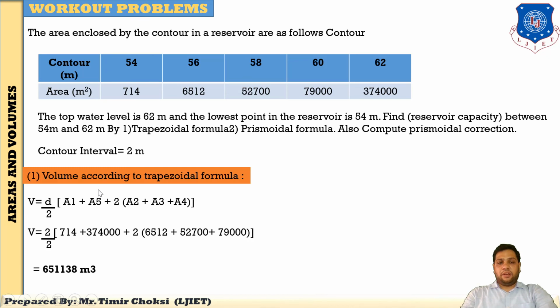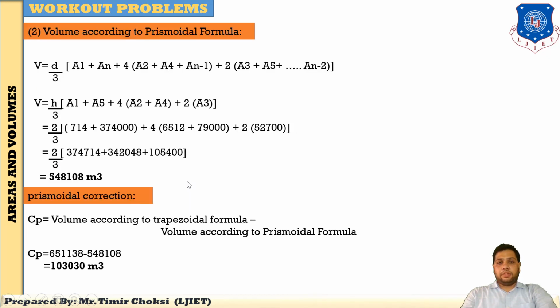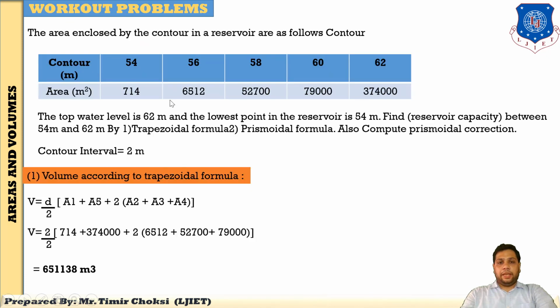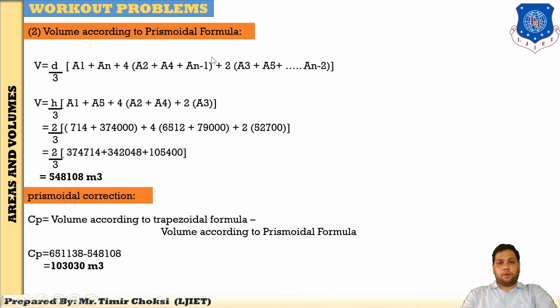So first use the trapezoidal formula and then the Prismoidal formula. But here the example also asks to compute the Prismoidal correction. I have already explained the equation of Prismoidal correction: it is the volume according to the trapezoidal formula minus the volume according to the Prismoidal formula.